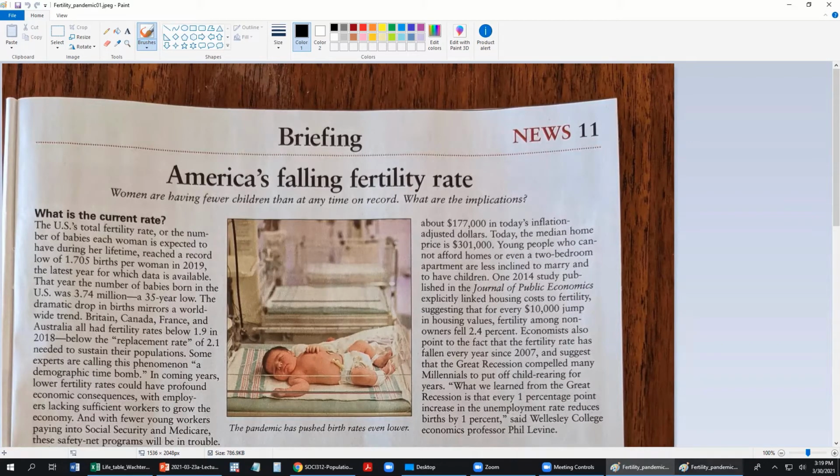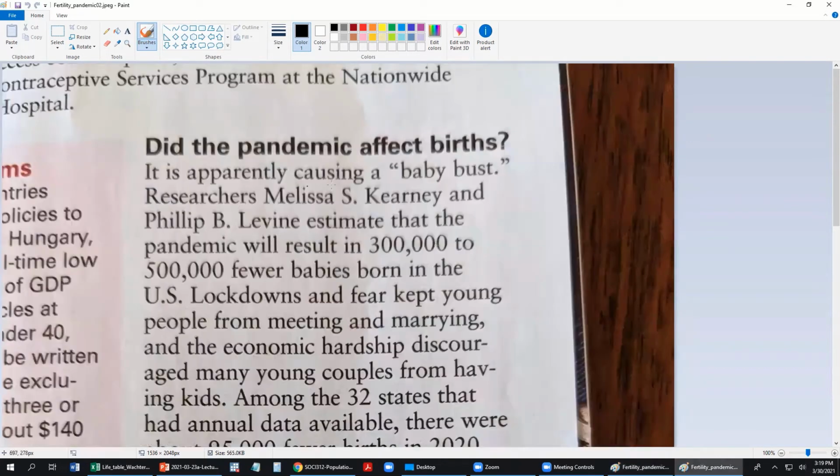In this specific extract, it shows that researchers Melissa Kearney and Phillip Levine estimate that the pandemic will result in 300,000 to 500,000 fewer babies born in the US. Lockdowns and fear kept young people from meeting and marrying, and economic hardship discouraged many young couples from having kids.